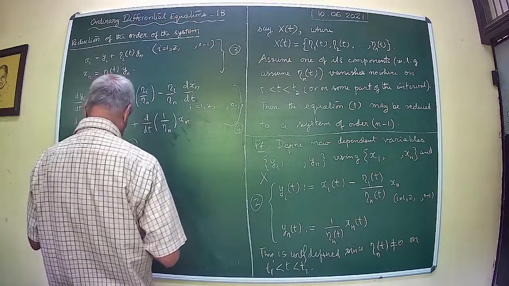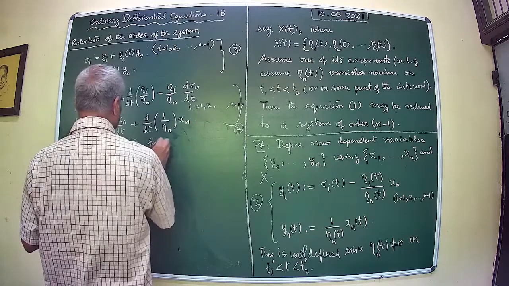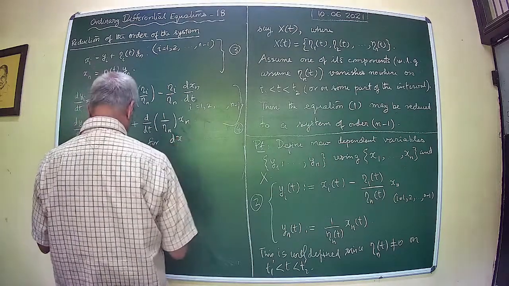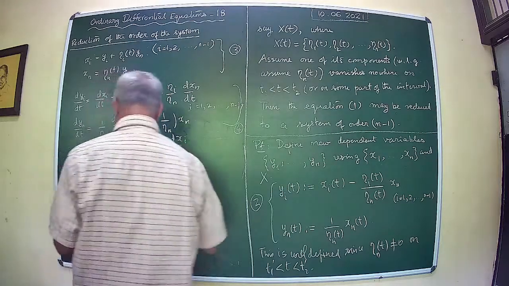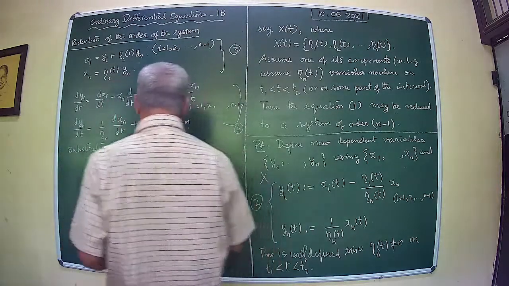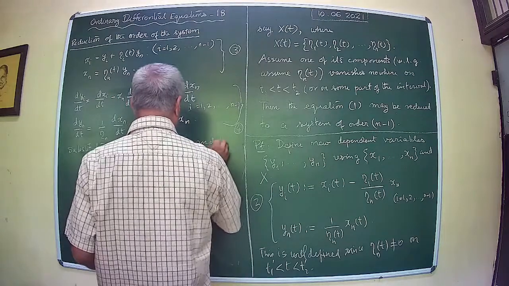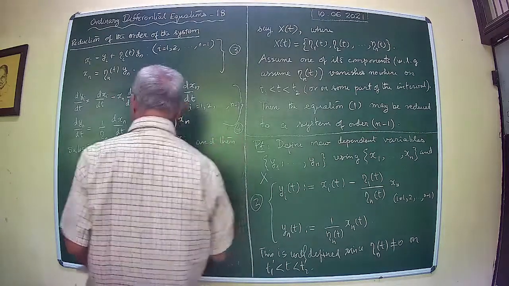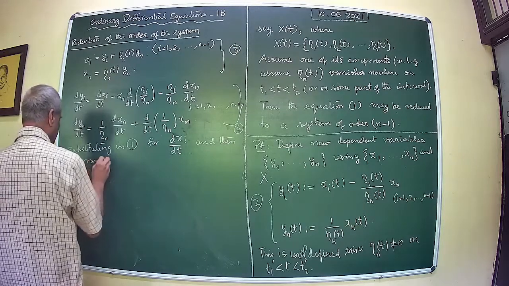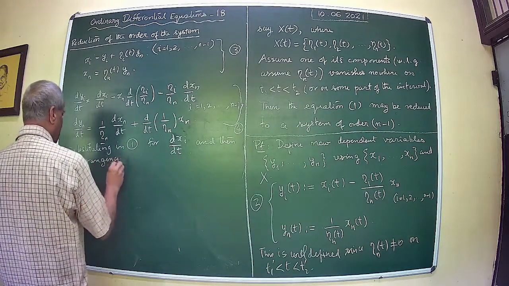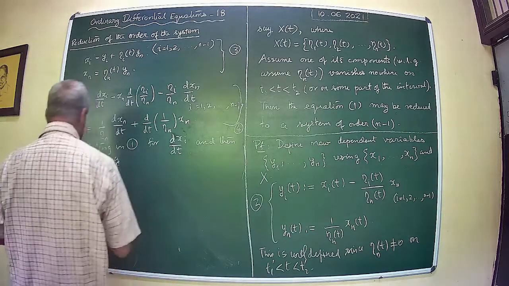For dxi by dt, and then rearranging, one gets another set of equations.